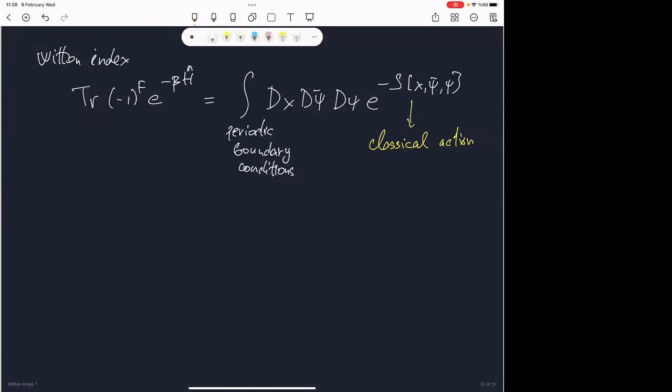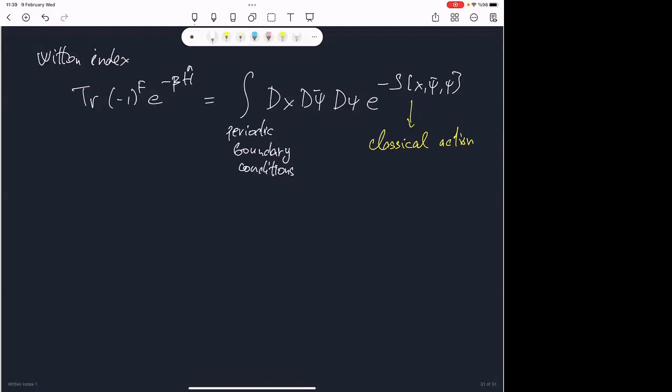If you are familiar with path integrals, the leading contribution to this integral comes from the critical points.